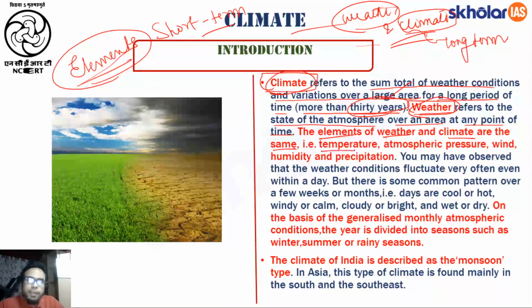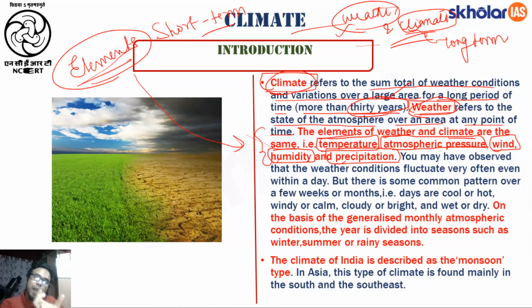That is temperature, atmospheric pressure found in a particular place, the wind system of that place, humidity as well as precipitation. So these are considered to be the elements of weather and climate. For weather it will be short term, for climate it will be long term, but the elements are the same, right?